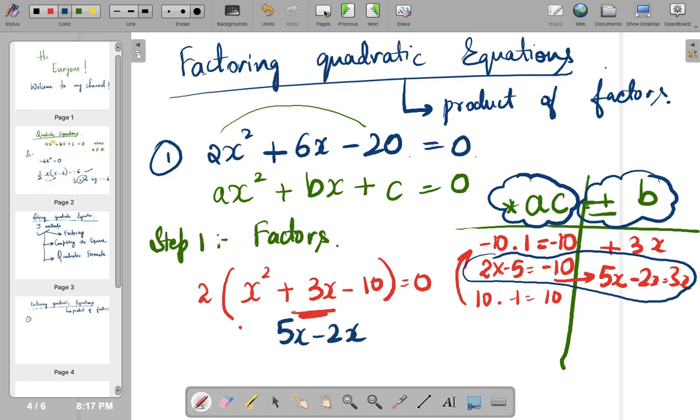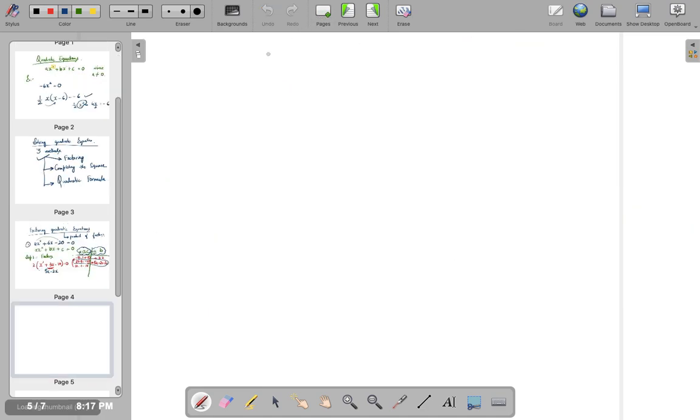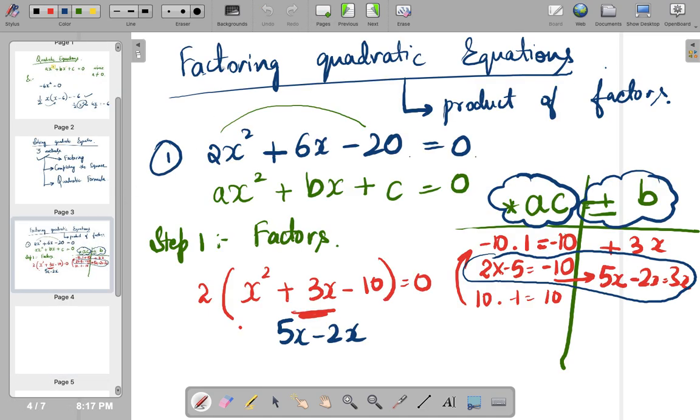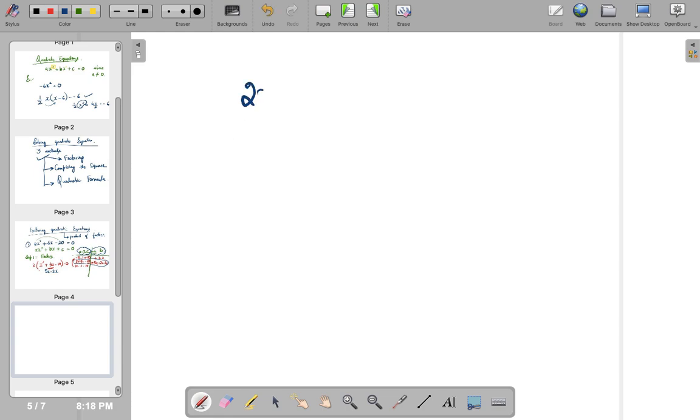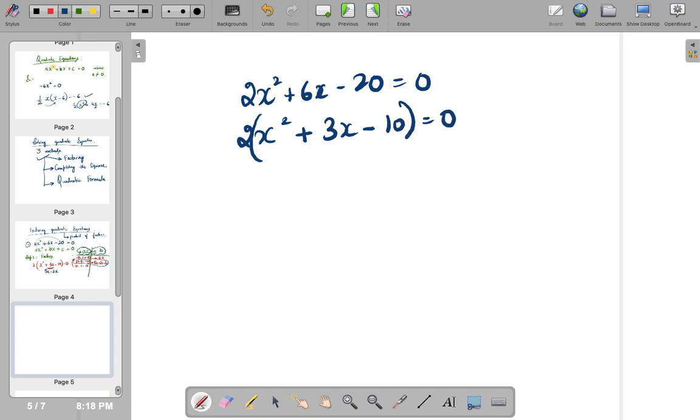So let's do this here. Let me take the question: 2x square plus 6x minus 20 equal to 0. So 2 times x square, we took 2 outside, plus 3x minus 10 equal to 0.